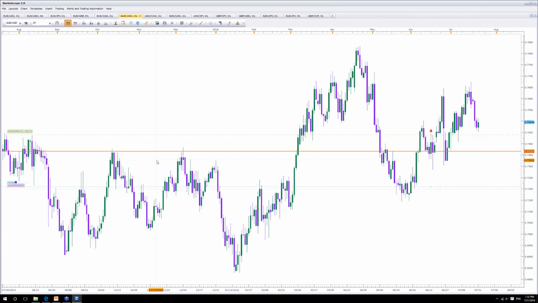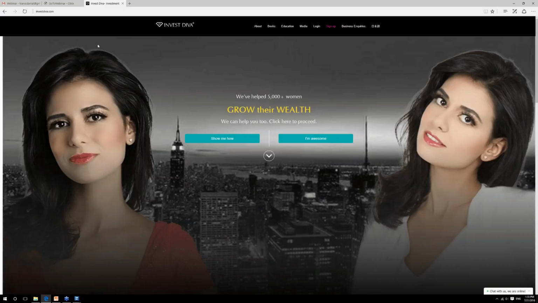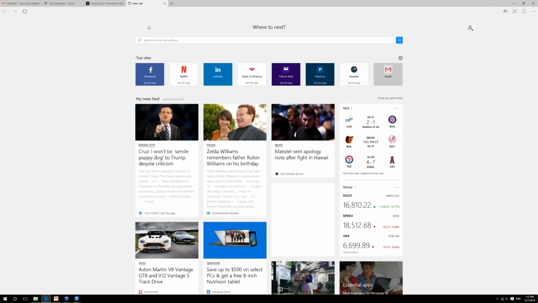It's not crazy bad, so it's kind of neutral on that end. So our standpoint from a fundamental point of view for Aussie dollar is neutral with a chance of rain, right? Neutral with a chance of bearish.